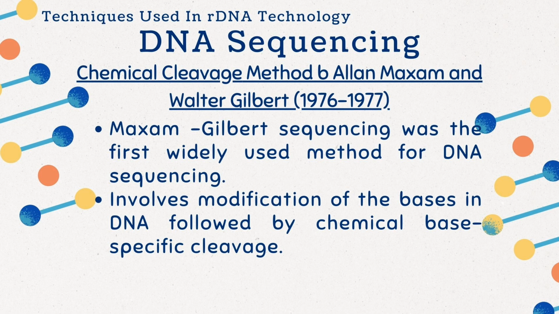Ito ay technique na ginagamit to determine yung order ng DNA bases. This method was developed by two scientists named Alan Maxam and Walter Gilbert, and ito ay naging popular for DNA sequencing, ano po?